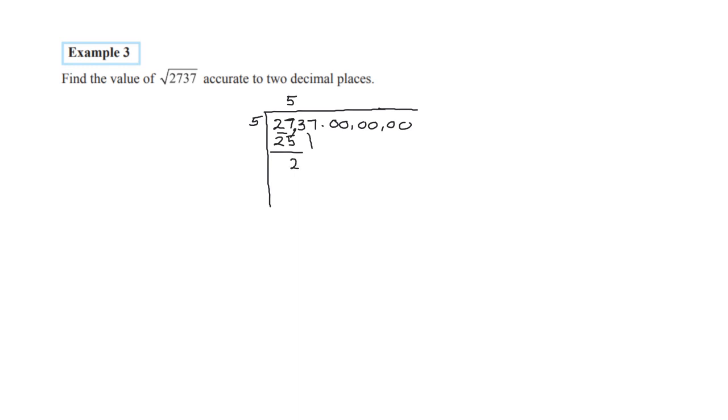Then you have to take another pair down. That is 37. Then you have 237. What you have to do next? You have to multiply 5 by 2. Then you have 10.